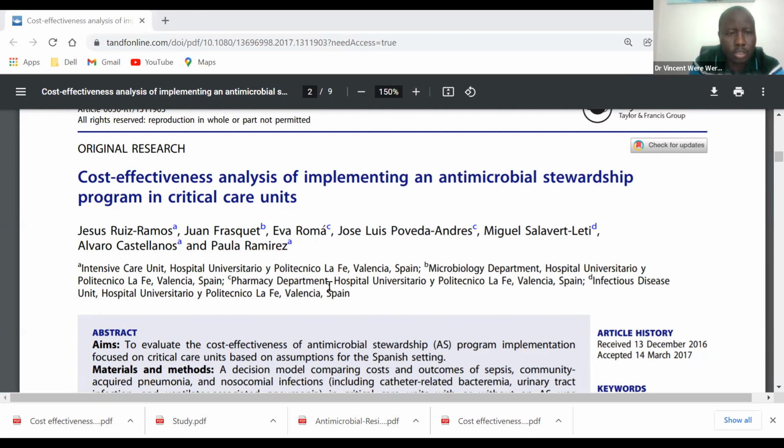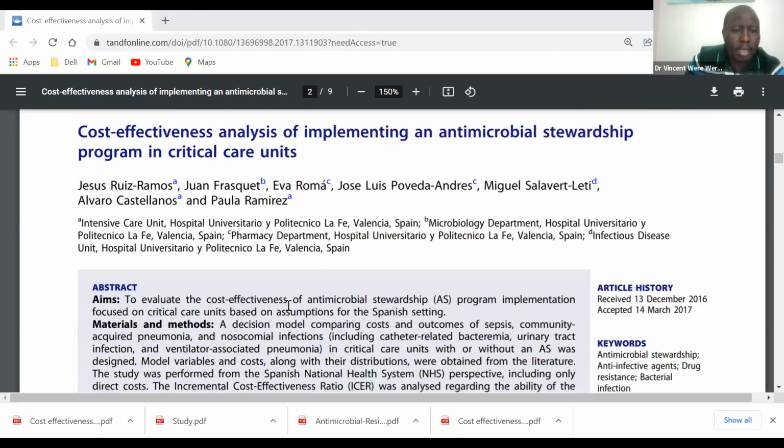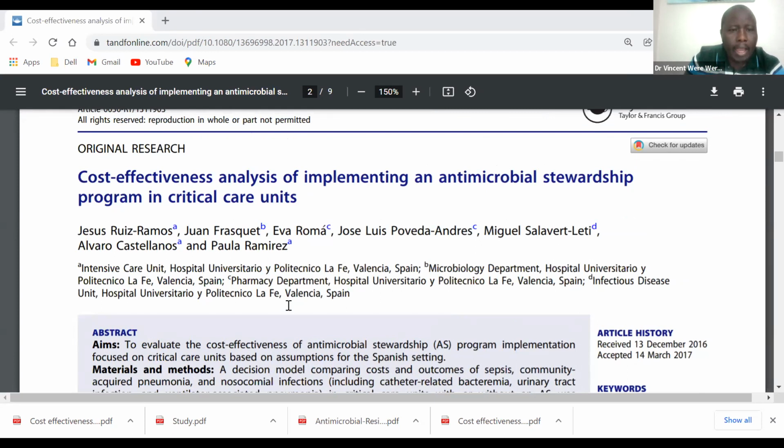So if you look at what is on your screen, it's talking about cost effectiveness analysis of implementing an antimicrobial stewardship program. What we mean by cost effectiveness is that we ask ourselves how much does it cost to implement a stewardship program, and what is the benefit of implementing this program?